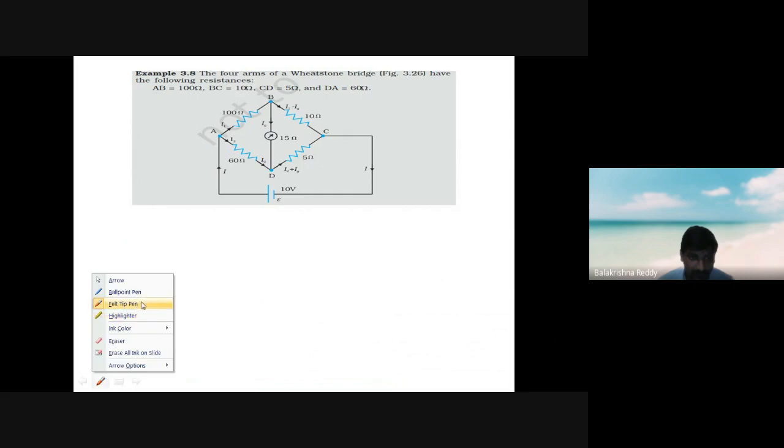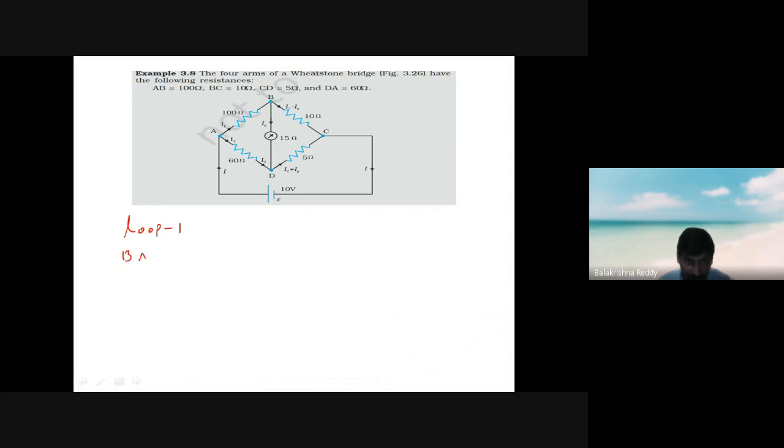Loop one is B A D B. What is B A D B? Here B is the starting point, then D, A, B. So this is a complete loop. Are you able to see on the screen?